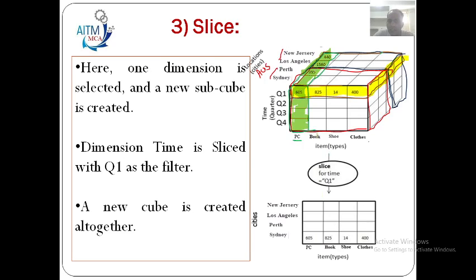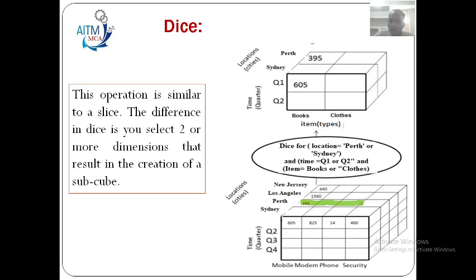See here now, only I am interested in these 2 items, books and clothes. See, dice for location, I need the city Perth, I need the city Sydney. Okay, I am taking these 2 cities.